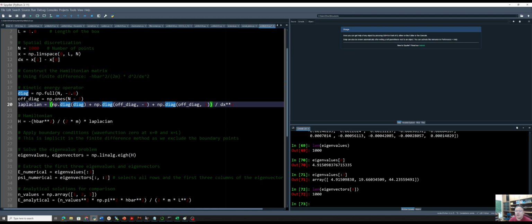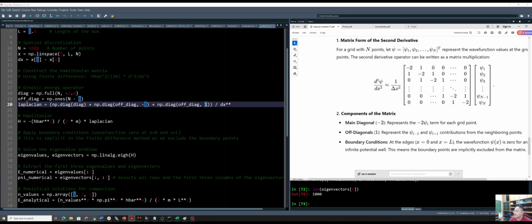So this creates a two-dimensional matrix with the diagonal filled with -2, and here the off diagonal. Okay, -1 means it is filled below the diagonal and 1 is above the diagonal. What does it mean?